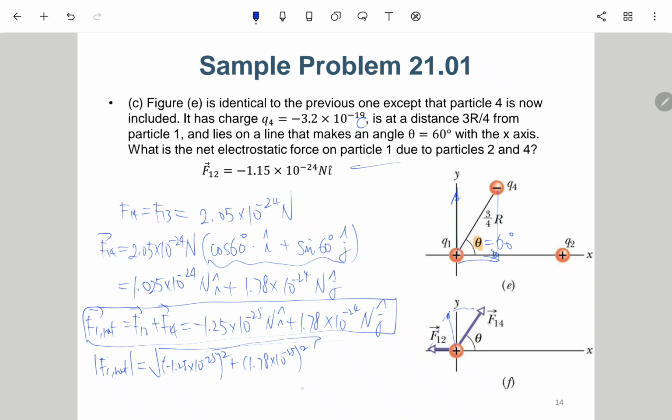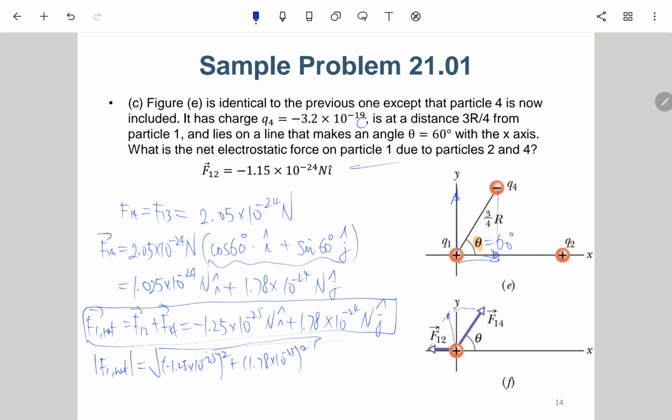This will be the magnitude of this force. Although this question doesn't ask you, I just let you know. And actually, this is nothing but the Pythagorean theorem.